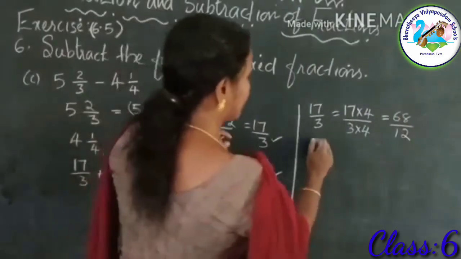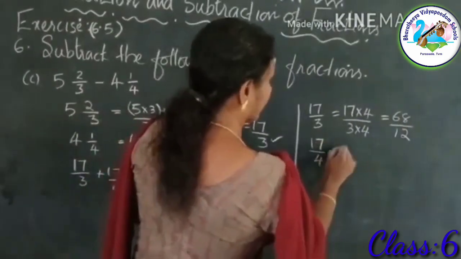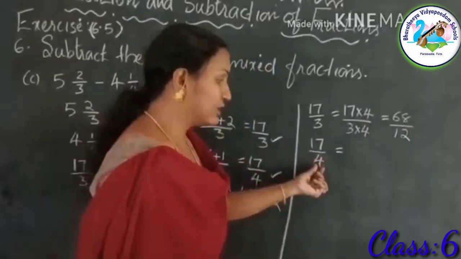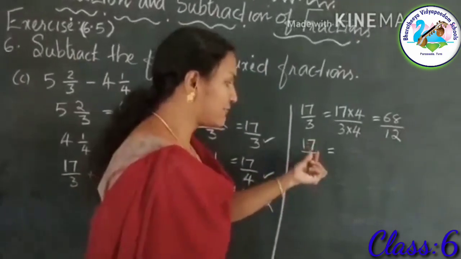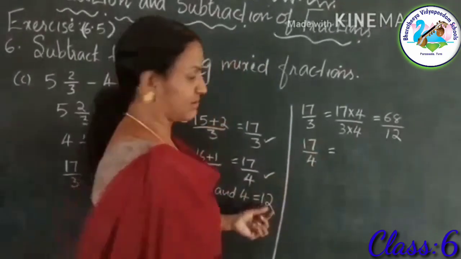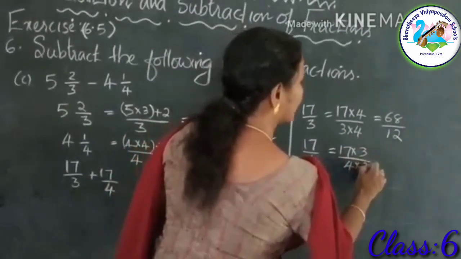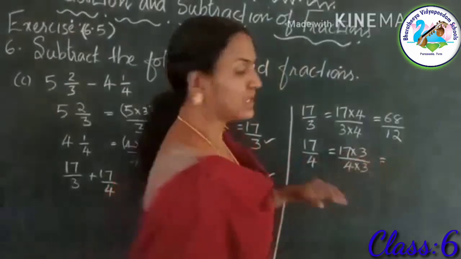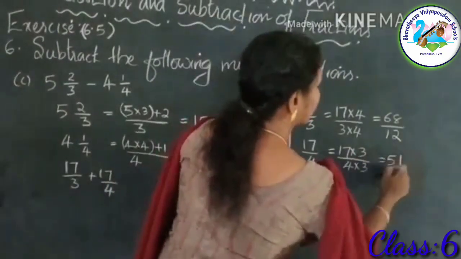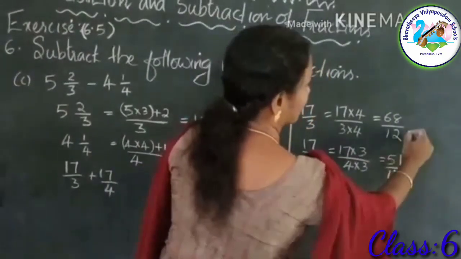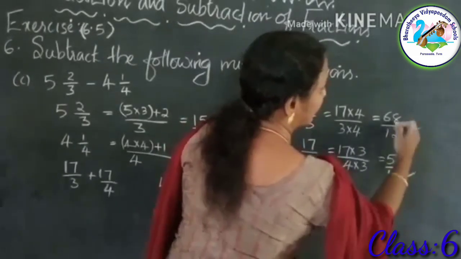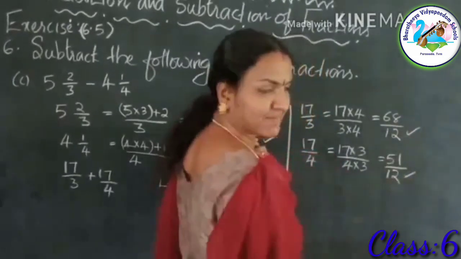The next one 17 by 4. So here the denominator is 4. So multiply 4 with 3, we get 12. So 17 into 3 divided by 4 into 3 is equal to 17 into 3, 51. 4 into 3, 12. So the denominators of these fractions are same.